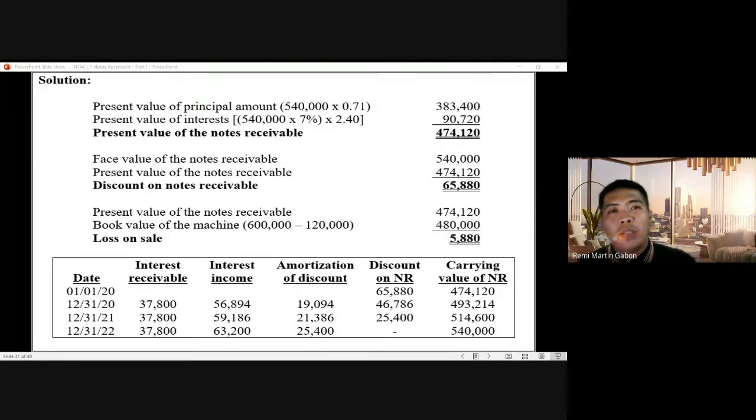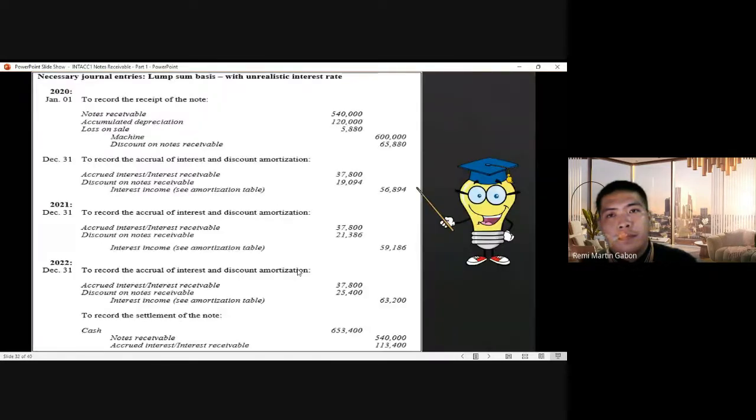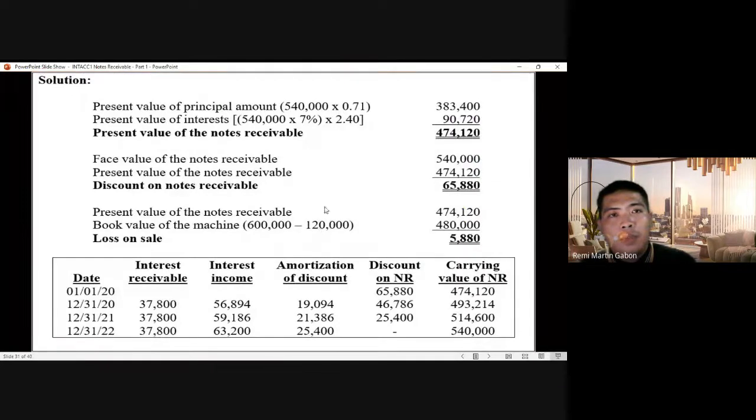Unusual. But because the assumption is unrealistic interest, we have to subject it to amortization. Sige. We have until 4:30 pa naman.